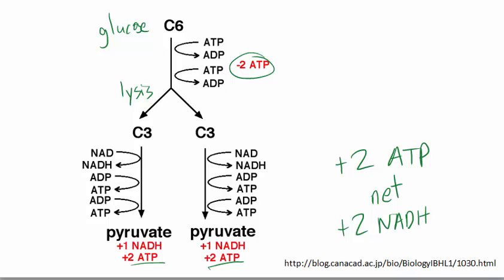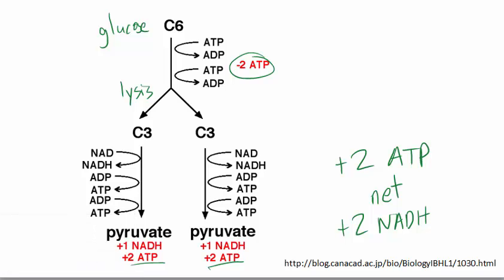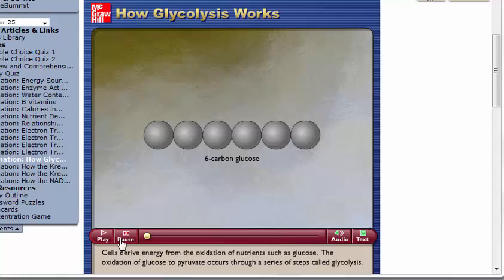Okay, so at this point, the best thing to do is to take a look at a video, actually the one we watched in class already. I'll run it with the sound off, but you can read the parts at the bottom and I will talk about it as we go. You have glucose here as a 6-carbon molecule.